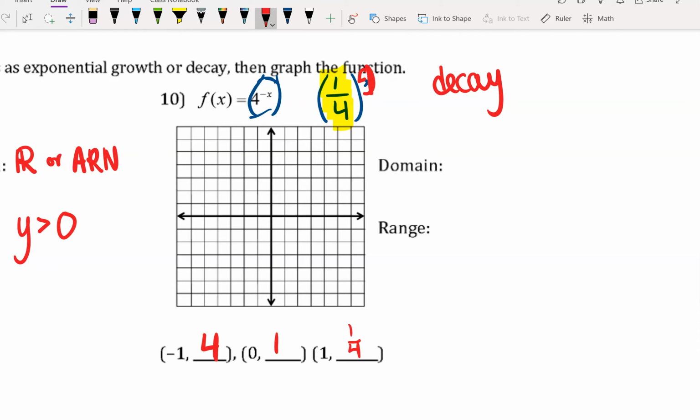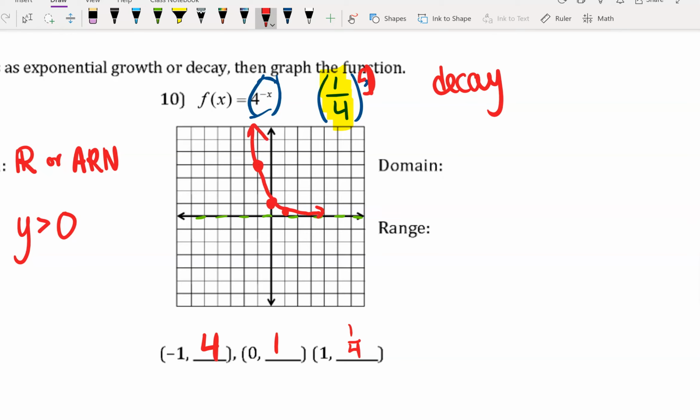Graph those points. -1, 4. 0, 1. And 1, 1/4 is going to be really small. There should be an asymptote at 0, and then we just curve. Remember, this should not cross the asymptote.